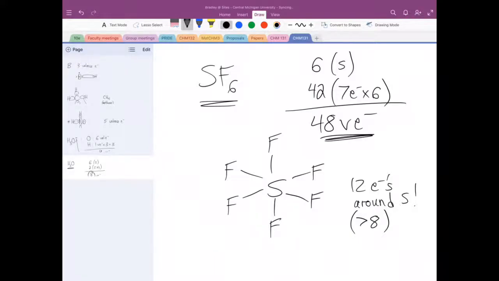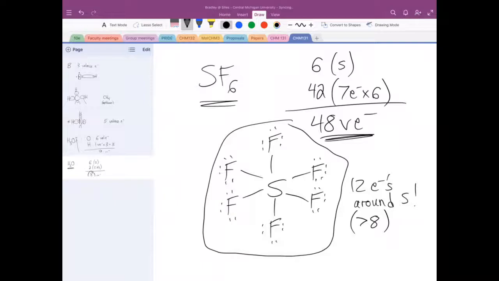Okay, so we placed 12 electrons, so let's build up around the outside, up to 48. So this is the Lewis structure for SF6. Okay, again, no additional electrons left over.